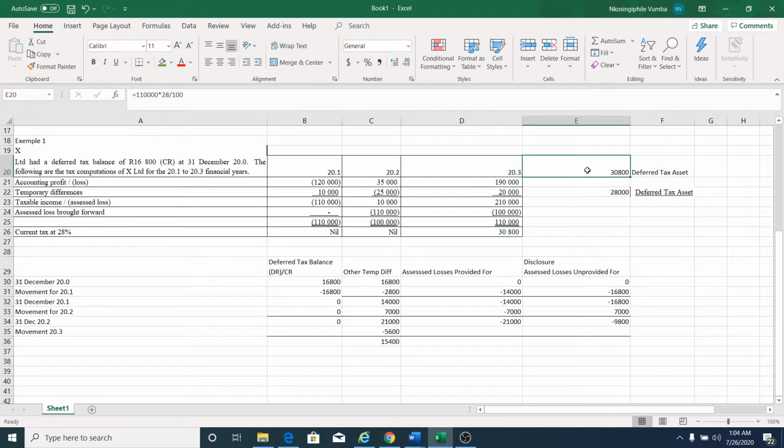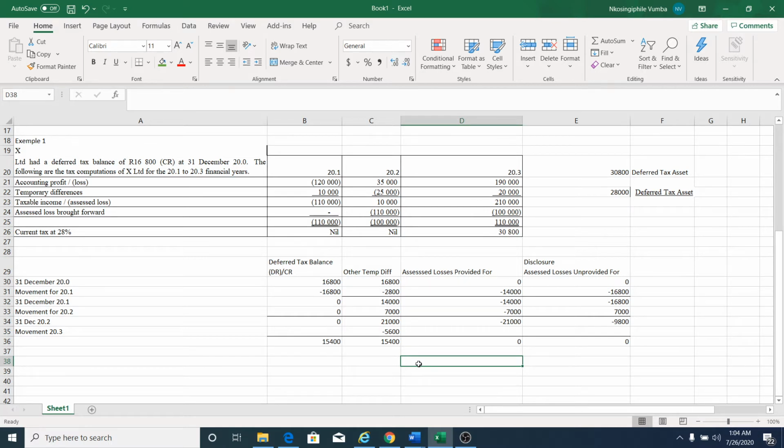Remember, we had unprovided for 30.8. It means now by this time we don't have any unprovided for, and we don't have any that is provided for this year, because now we are in the money, we are making the profits, and we are about to recognize our deferred tax liability. So obviously this should result in 15.4.